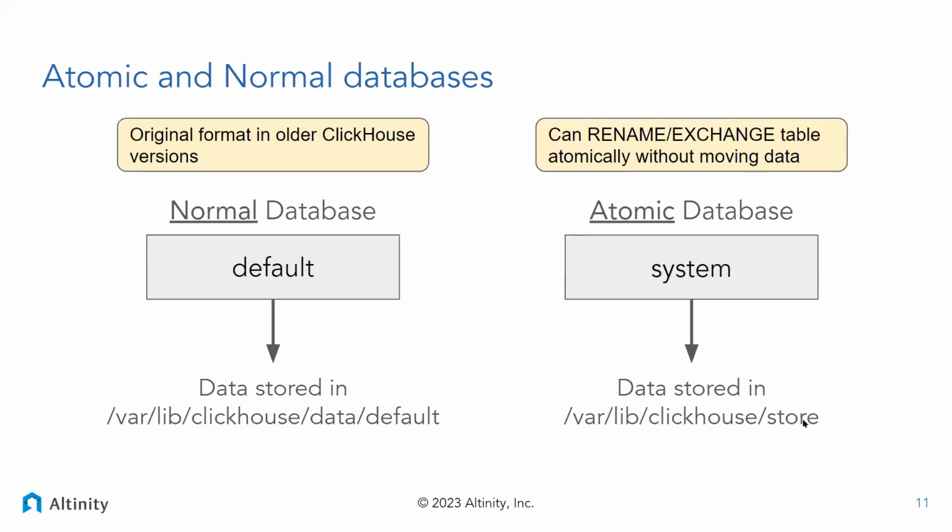Then as we walk the tree, and we'll show you examples of this, what we'll get is actually soft links that point us to the right location in /var/lib/clickhouse/store, but the data is actually stored there. Then if we need to do an exchange, we can just flip the links around, and without moving data and in a totally transparent way, we can do operations like exchange table. Let's look at that more deeply.